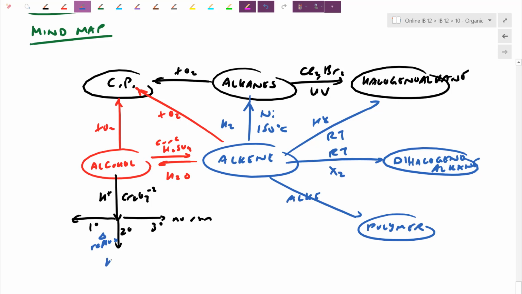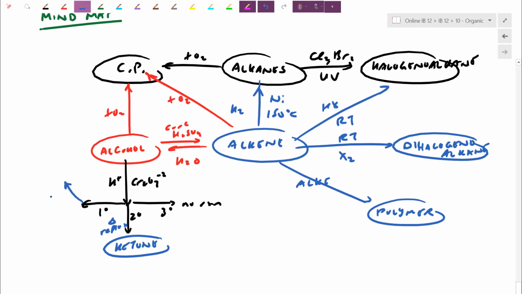That's going to end up forming a ketone, a carbonyl group. Primary, if I want to stop it midway, I do heat and distill. Heat and distillation will end up forming an aldehyde, while if I do it completely here, heat and reflux, basically get it to go to completion, I get a carboxylic acid.